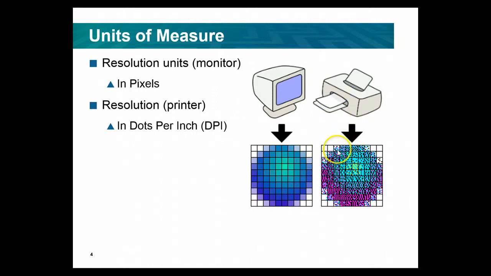So in this case, you'll see a representation of the same monitor image being printed. In this case, you notice a lot of the same type of colors used, cyan, yellow, blue, black, because that's typically what printers are composed of. They use these many colors to get as close a representation as they can.